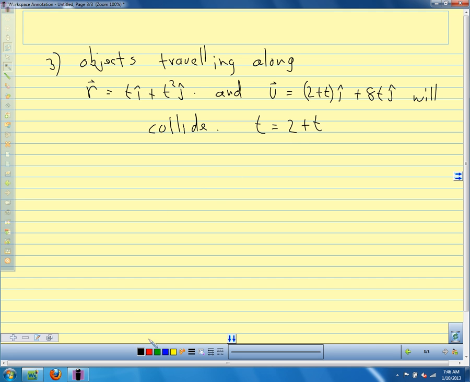So we're going to say this is false. They might be at the same point, but not at the same time. This is kind of like what we talked about with intersections of polar graphs, that they might cross each other, but not necessarily at the same time.